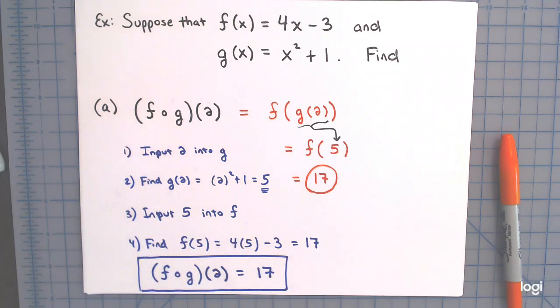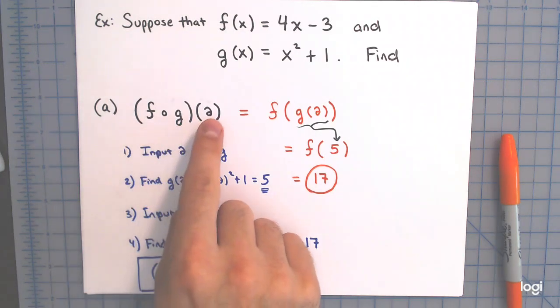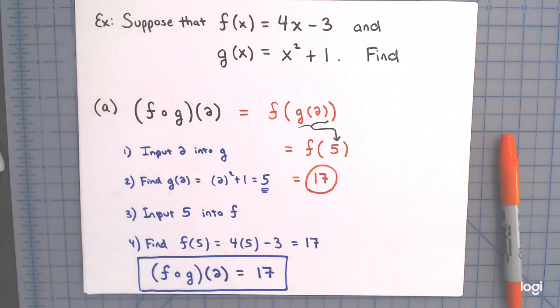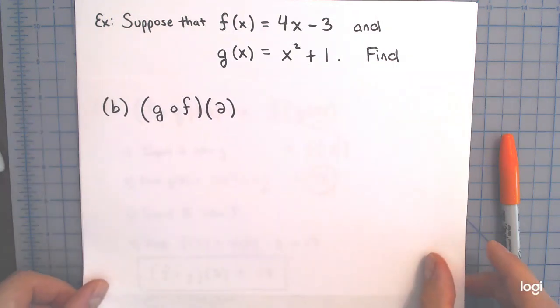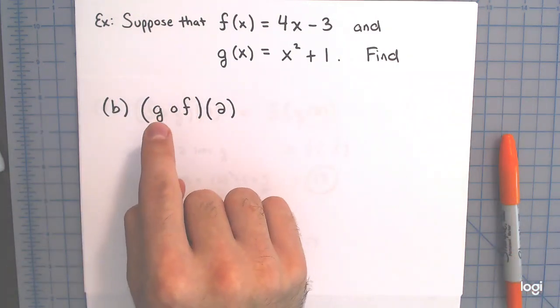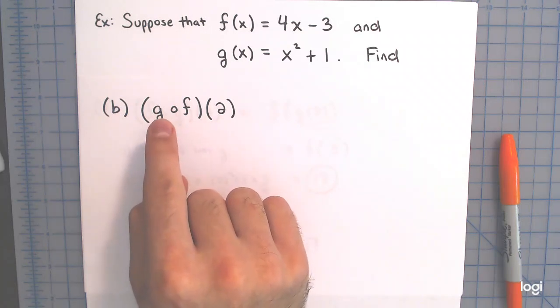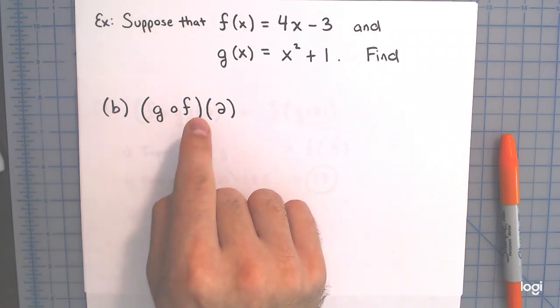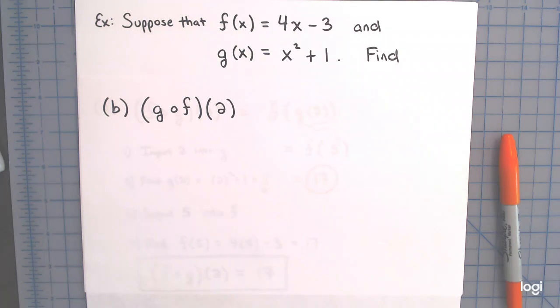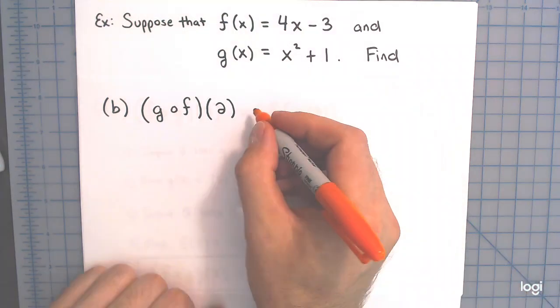You're going to get different values for different orders of composition. So I see that f composed with g at 2 is 17. The second part, let's find the value of this new composite function called g composed with f. Notice the different order. I'll write that note after we're done with this example. You're going to see that the order does indeed matter.